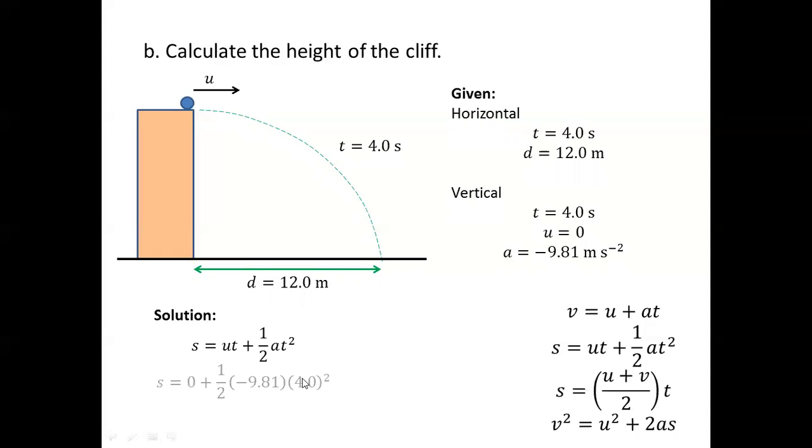Substituting the given values, we will obtain the value for the displacement to be negative 78.5 meters. But since we are only asked for the height of the cliff, we properly write it as height is equal to 78.5 meters. Remember that height is a scalar quantity, which means we must not have any negative sign in its value.